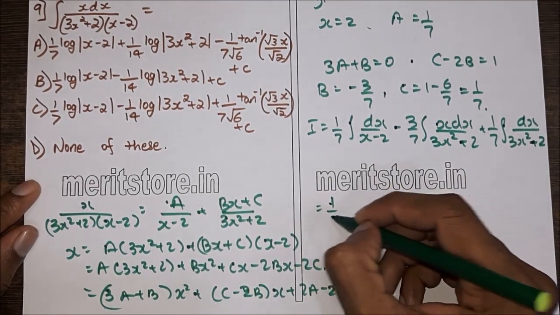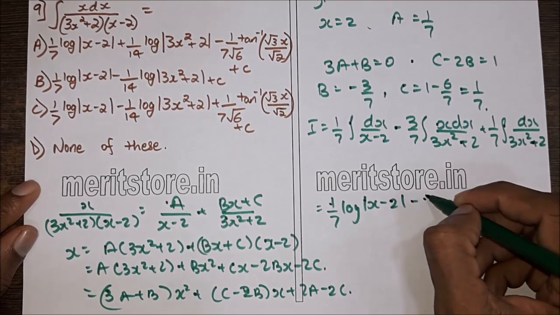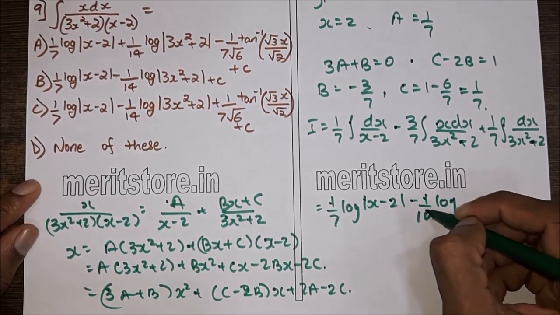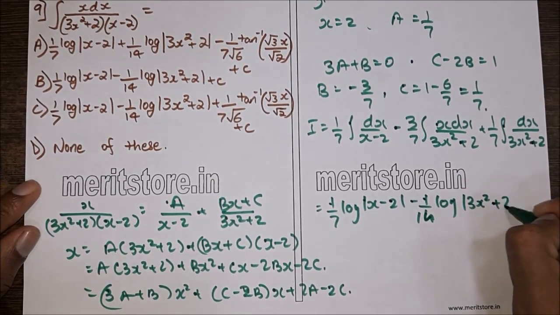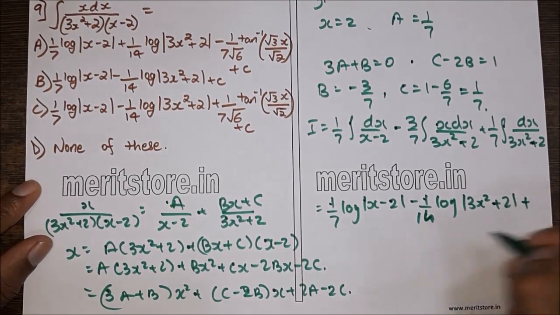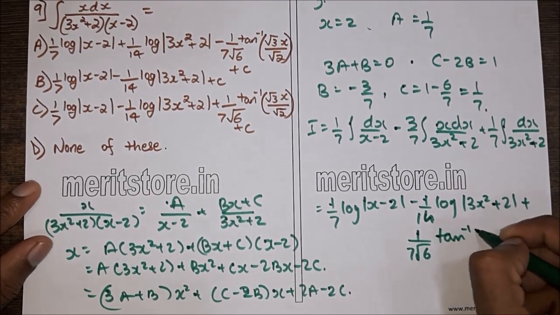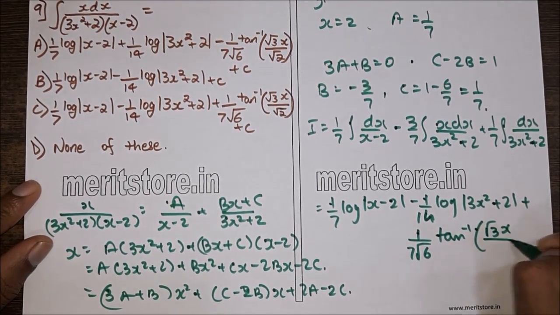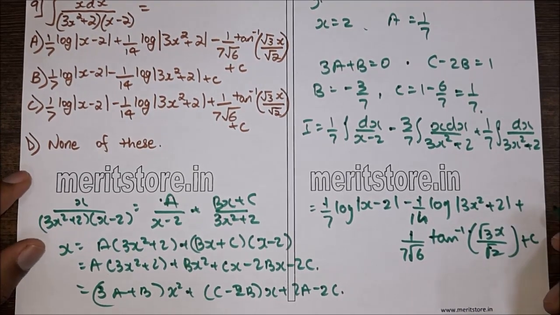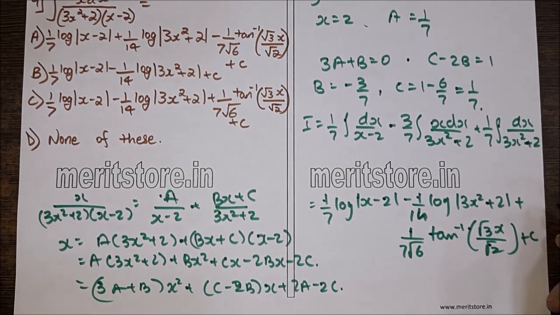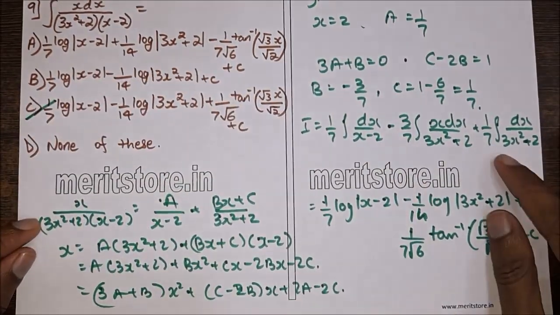Further solving this, we get 1 by 7 log mod x minus 2 mod minus 3 by 14 log mod 3x square plus 2 mod plus 1 by 7 root 6 tan inverse root 3 into x by root 2 plus c, which is our answer, matches with option C. Therefore, option C is the correct answer.